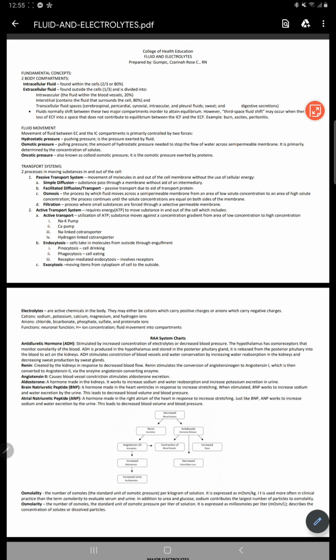However, there are some instances na nagkakaroon ng abnormalities when fluid from your intravascular spaces or from your intracellular spaces, they now pull or they now go outside into your interstitial spaces. This type of movement of fluids in the body is not really relevant or very important in the maintenance of equilibrium of fluid and electrolytes. That is why this is actually an abnormality. You call this abnormality your third space fluid shifting.